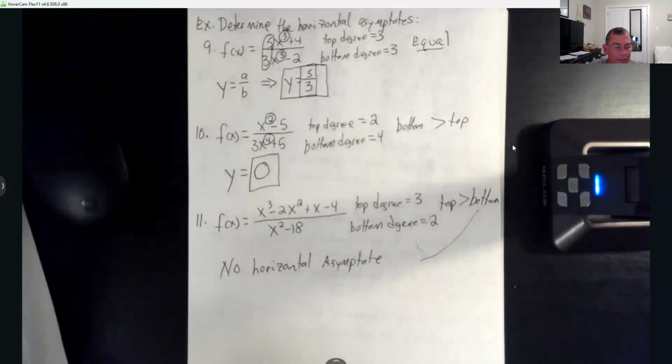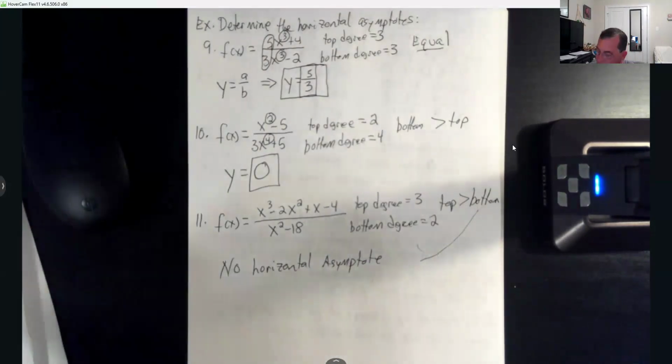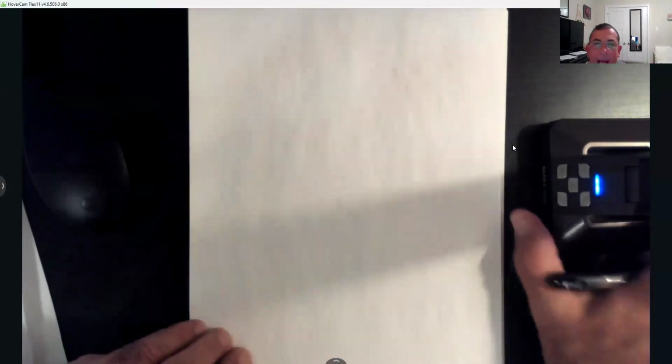All right, y'all, so this last problem was a little bit of a graphing one. So let me show you how you would graph one of these by hand.